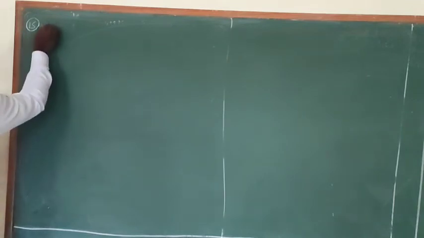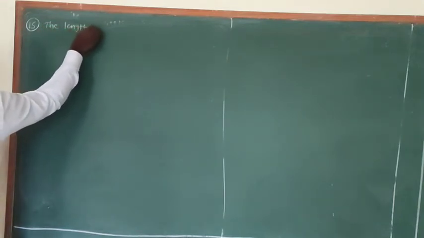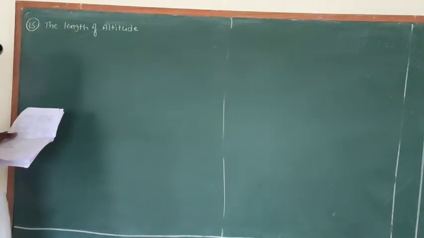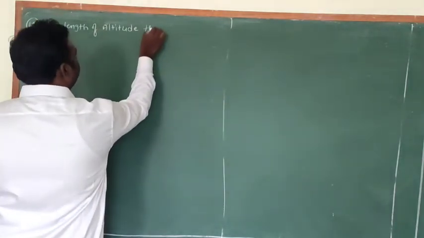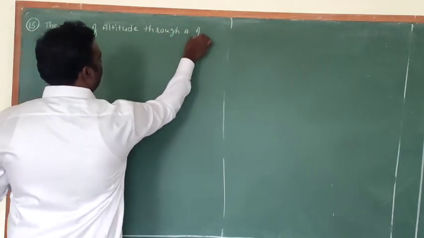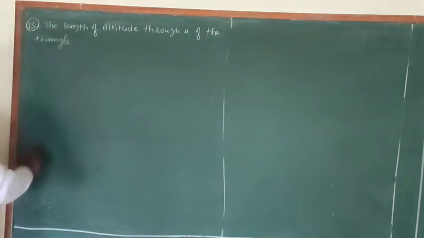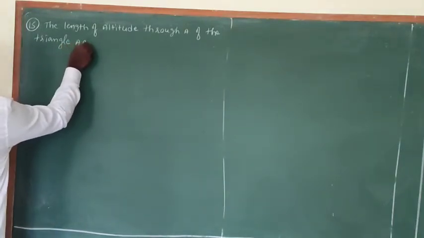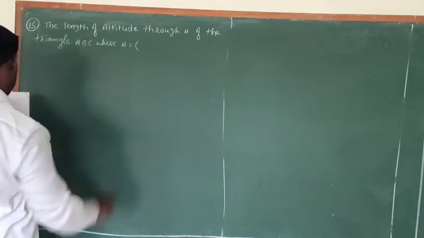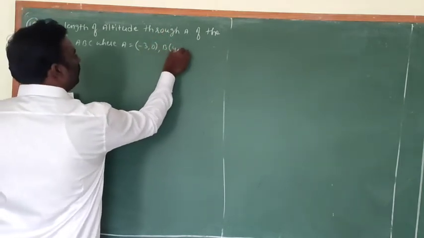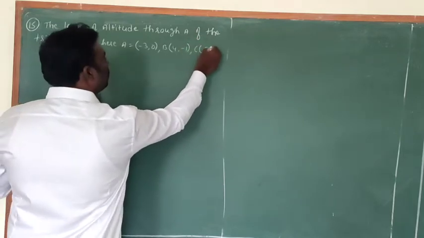Next, 15th question. The length of the altitude through A of the triangle ABC, where A equals -3, 0, B is 4, -1, C is 5, 2.